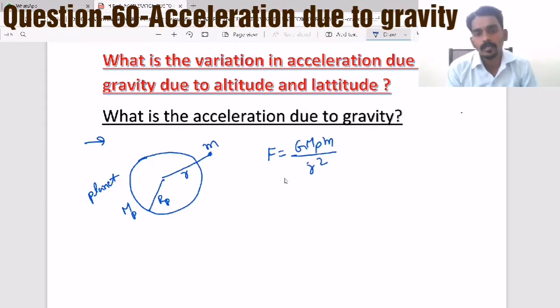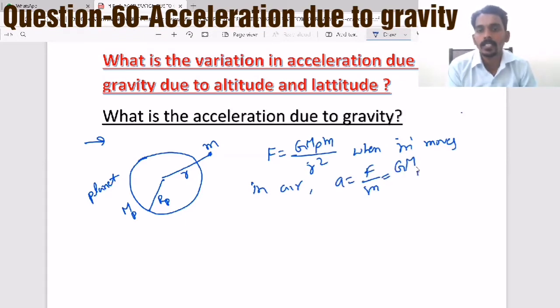Now, when m moves in air, the acceleration is force by mass, that is GMp by r square.